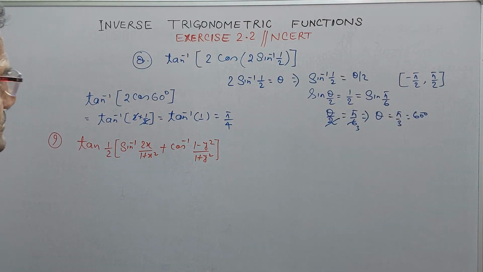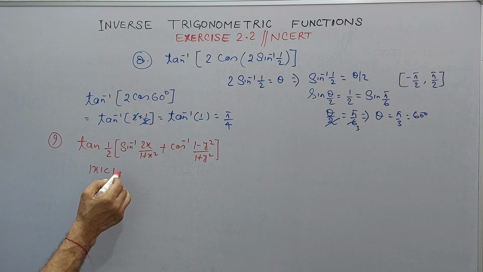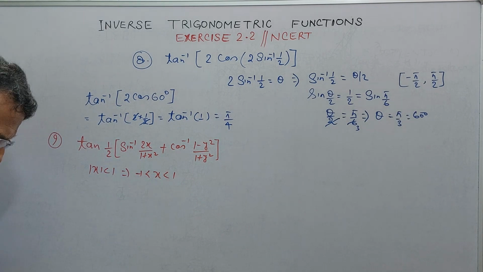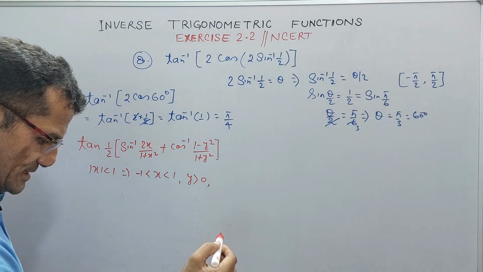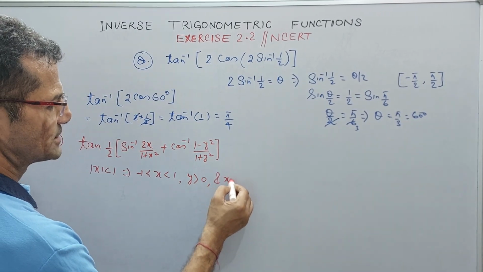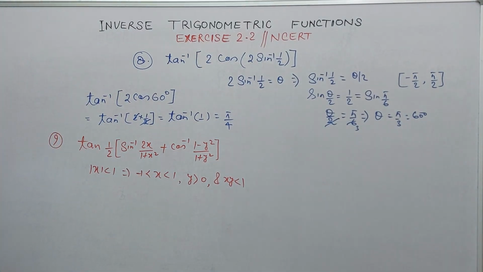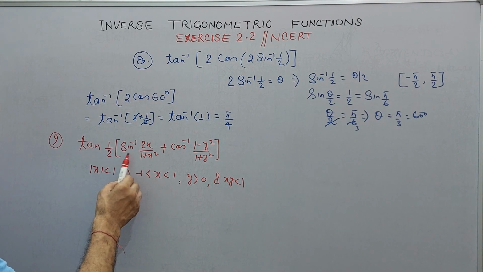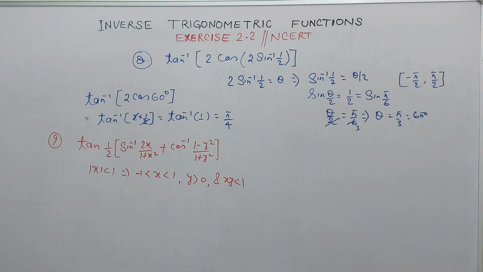There are some conditions given: mod of x is less than 1, meaning x lies between 1 and minus 1, and y greater than 0 and xy less than 1. These conditions are applied when we change sine inverse and cos inverse into tan inverse.